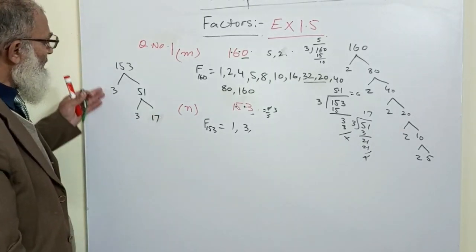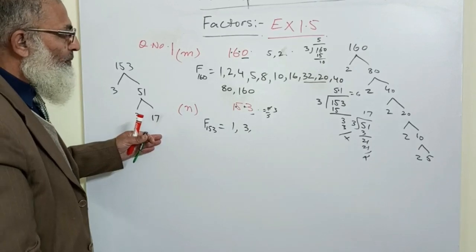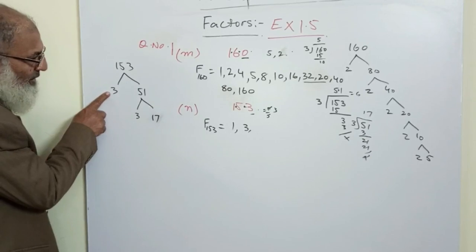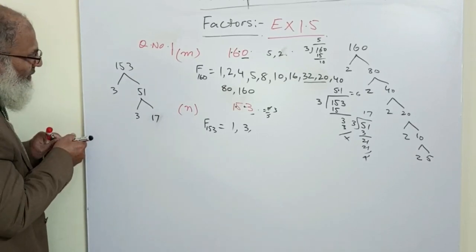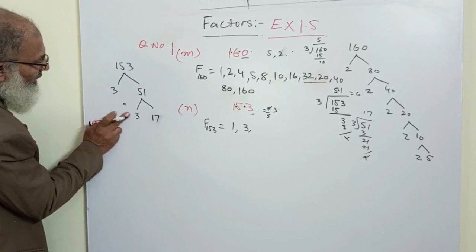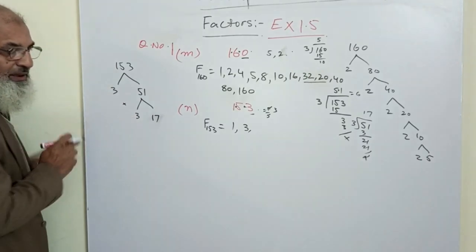Dear students, these are all the factors we can have from 153. But you can see that there is another factor which has emerged from here. 3 times 3 is 9.